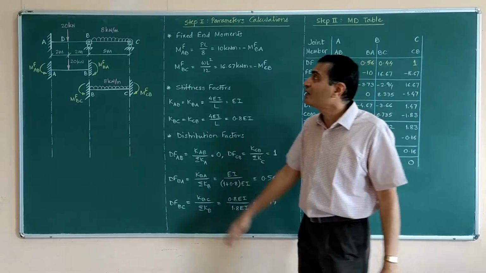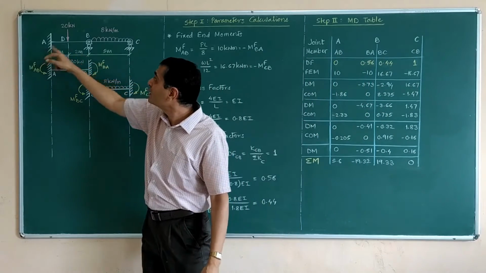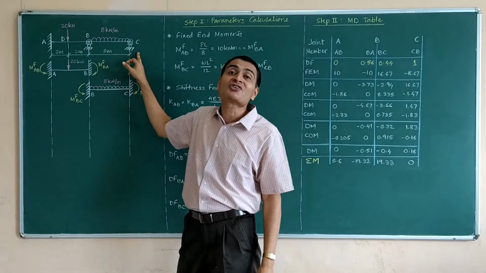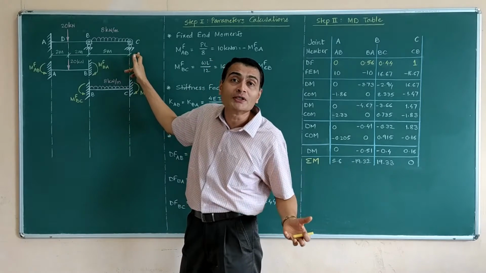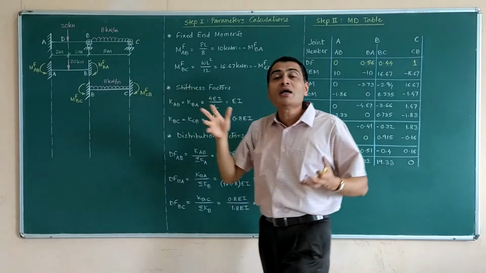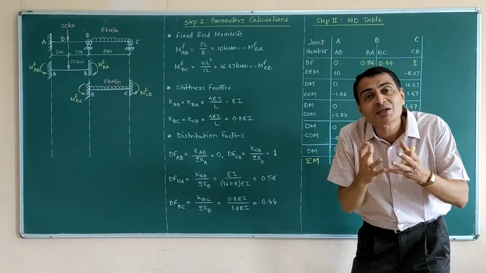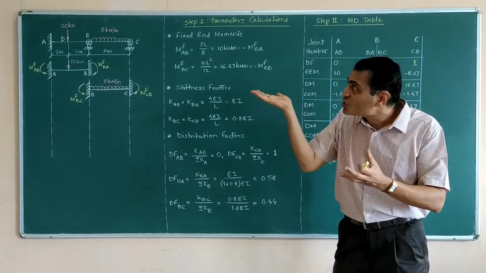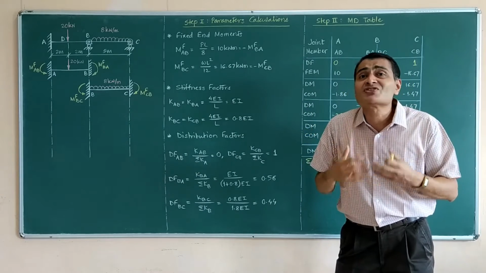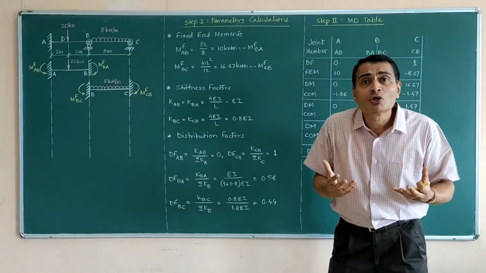Try to understand, this is a fixed joint, this is an interior hinge joint, and this is an exterior hinge or roller joint. So whatever moment I try to apply at this joint will be absorbed entirely by member BC. The supporting base which is below those rollers, its stiffness is not going to contribute.